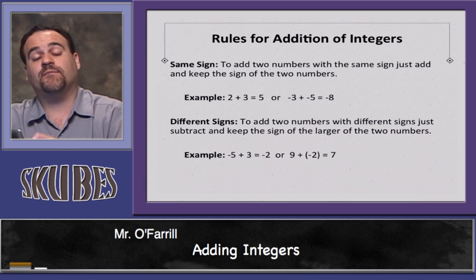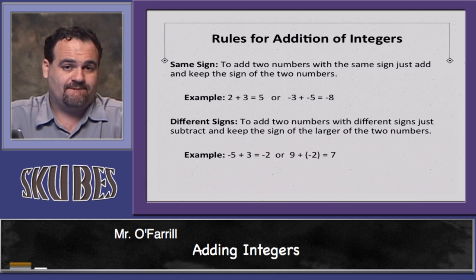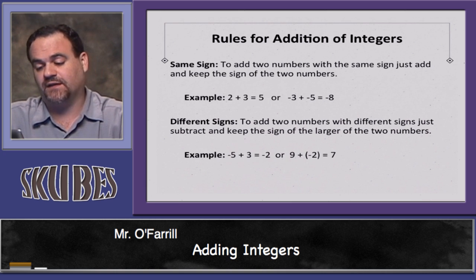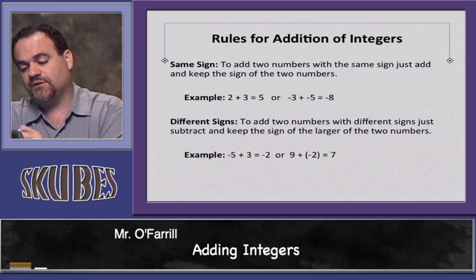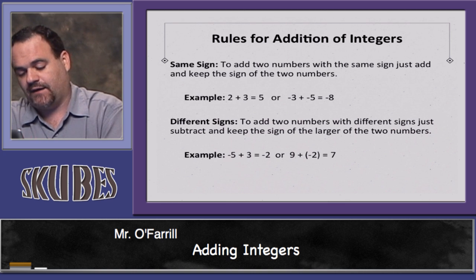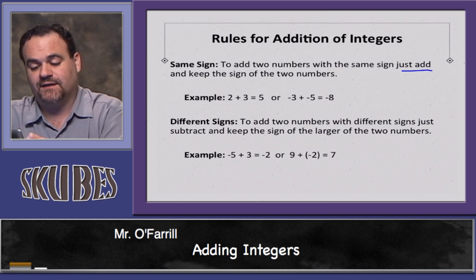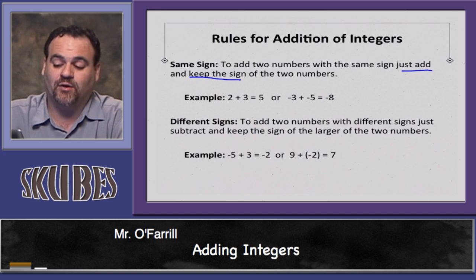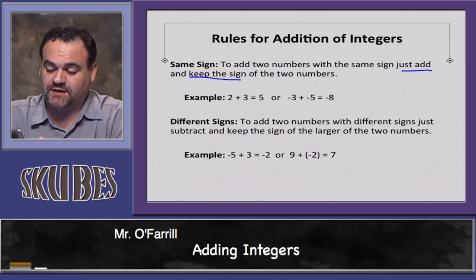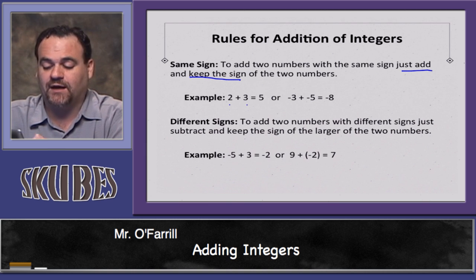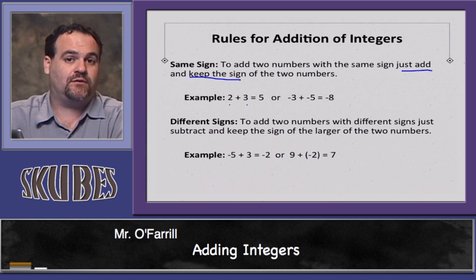If the numbers are the same sign, and we're adding the two numbers together, you are just going to add the two numbers together and keep the sign that both numbers have. For example, we have a positive 2 and a positive 3. Add them together.